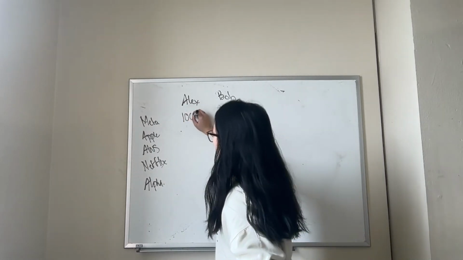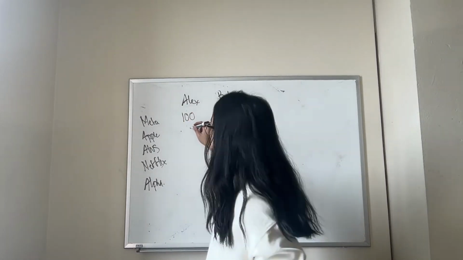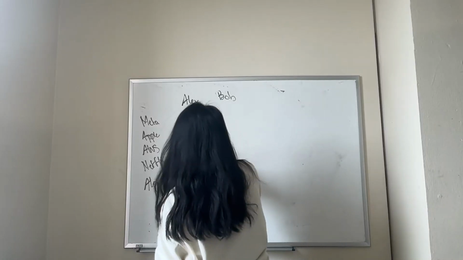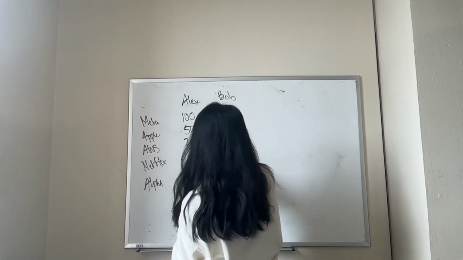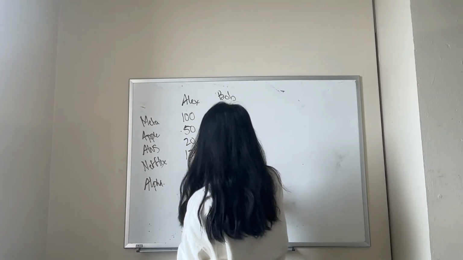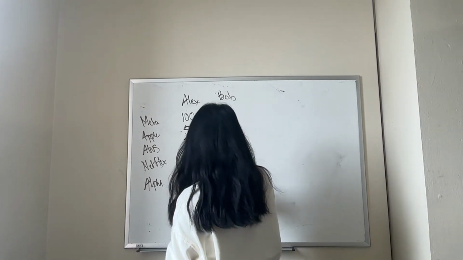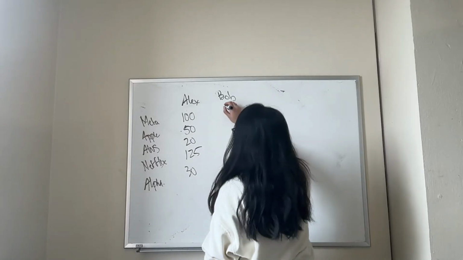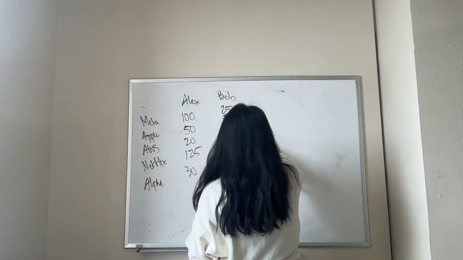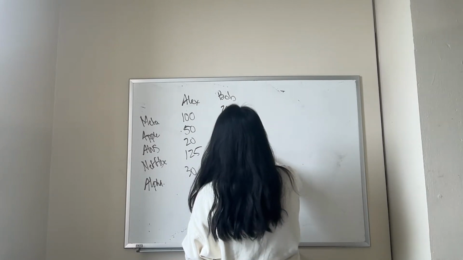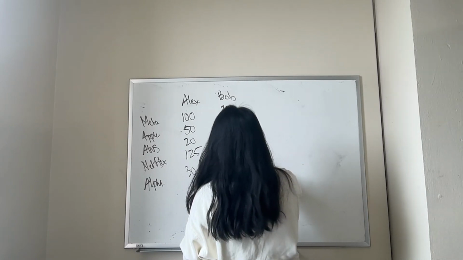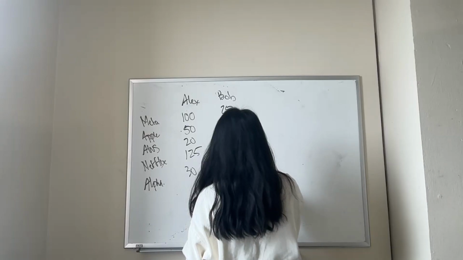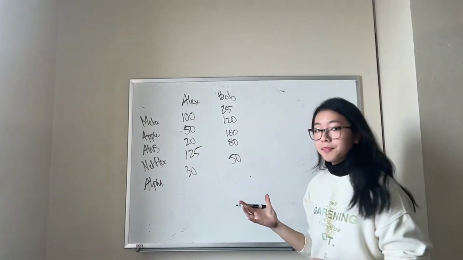And let's say Alex has 100 shares in Meta, 50 shares in Apple, 20 shares in Amazon, 125 shares in Netflix, and 30 shares in Alphabet. And Bob has 25 shares in Meta, 120 shares in Apple, 100 shares in Amazon, and 80 shares in Netflix, and then 50 shares in Alphabet.